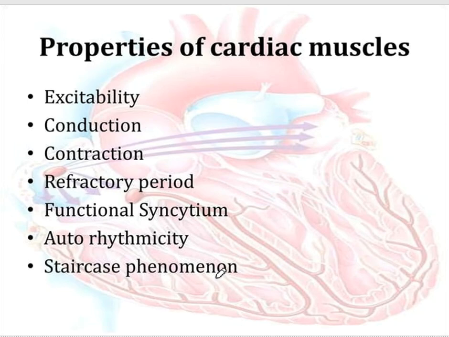That energy goes to the legs and helps us climb the staircase easily. Similarly, the impulses generated by the SA node are greater in energy, to contract the ventricles. As the energy is generated, it goes on increasing. That is the staircase phenomenon.